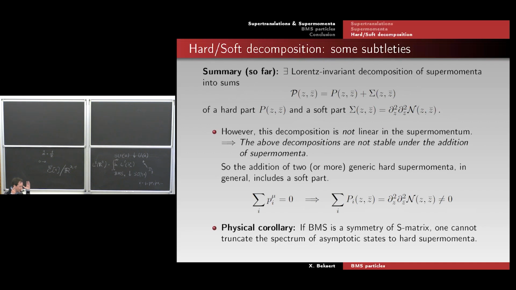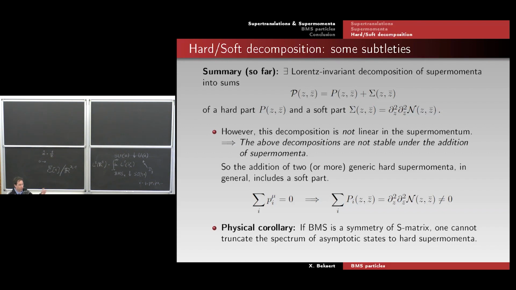Let's imagine we would just have BMS symmetry, because there is a surprising thing. If you take any representation of Poincaré, I can lift it and see it as a representation of BMS. That is for free, that's a fact, and basically these are the hard representations. So this is okay. But now, if you try to make a QFT out of these while keeping supertranslation symmetry, you will run into problems, because although you will preserve momentum, you will not preserve the supermomenta.